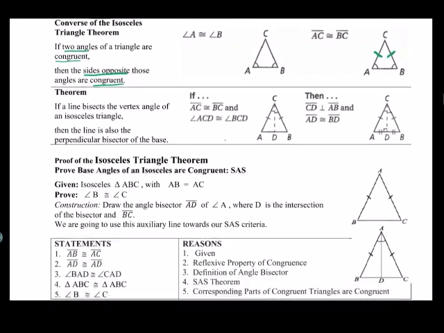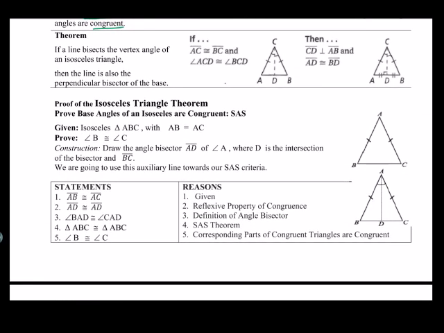And our awesome theorem said that if a line bisects the vertex angle of an isosceles triangle, then it is also the perpendicular bisector of the base. So this is really just an awesome theorem.